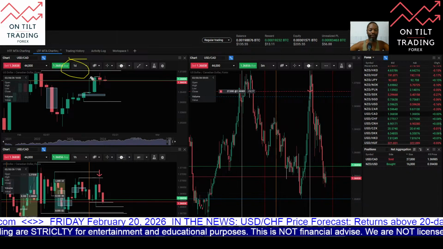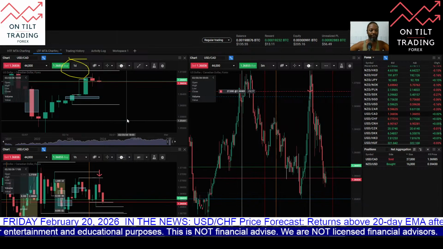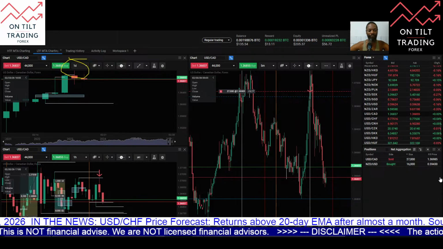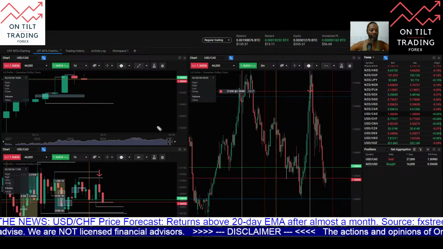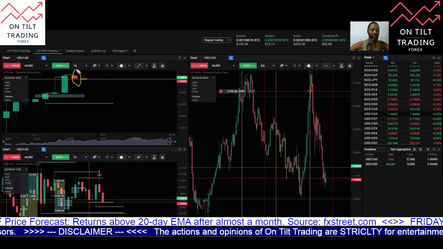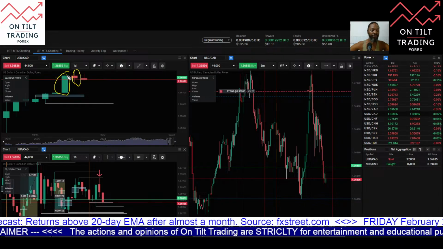So here on the daily chart, we get this price action from yesterday here, and then the day before yesterday.